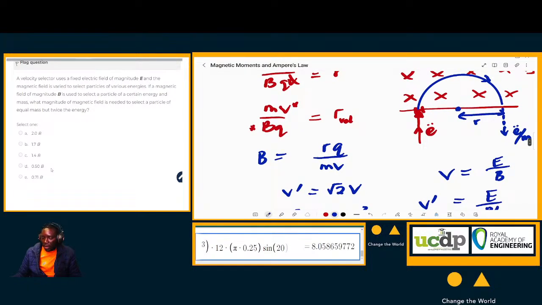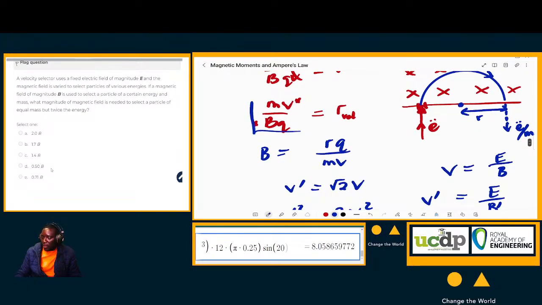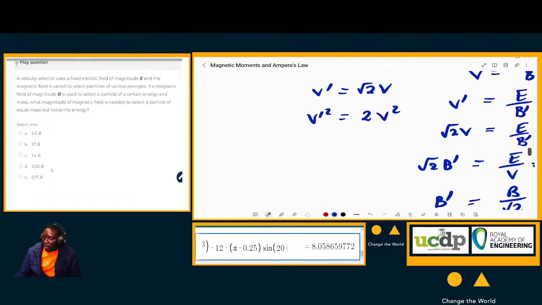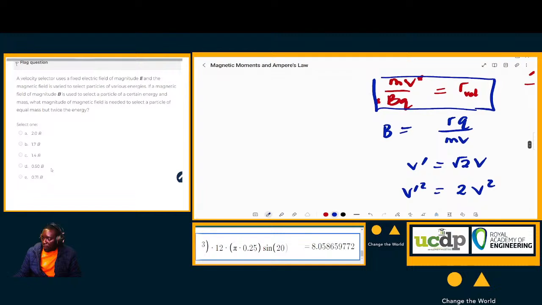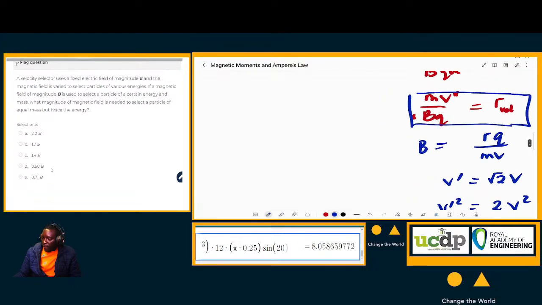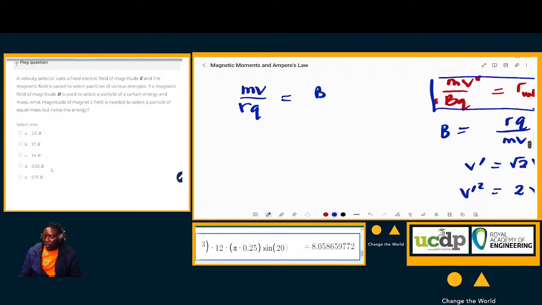Then considering this expression, mv over rq equals B. So if we have a velocity v with a magnetic field B, we've got a kinetic energy, which is the initial.